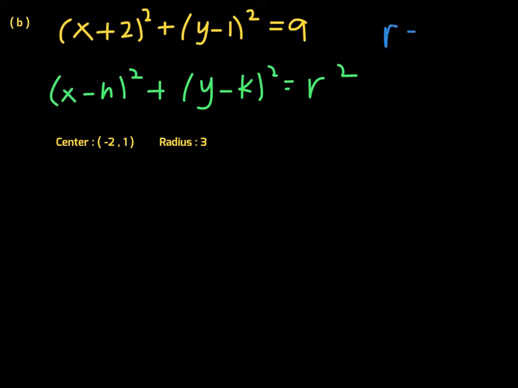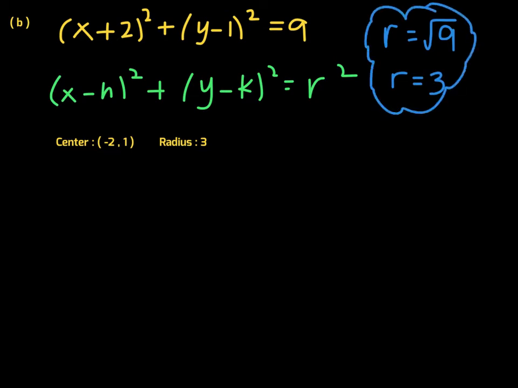So r will be equal to the principal square root, which would be the positive square root of 9, which would be 3. You can always do this if you want. Just take the principal square root, the positive square root that is, of this number, and that'll give you your radius, all right?